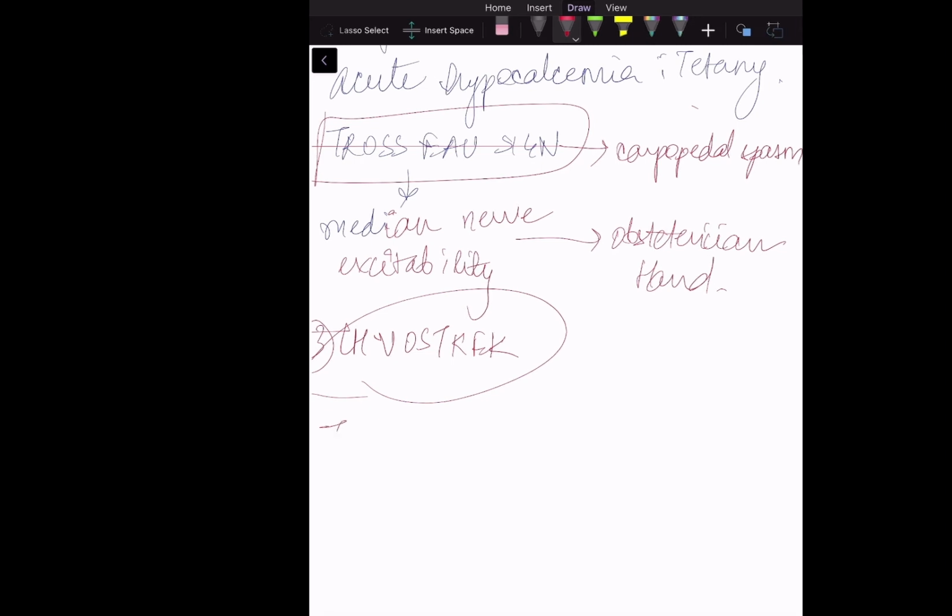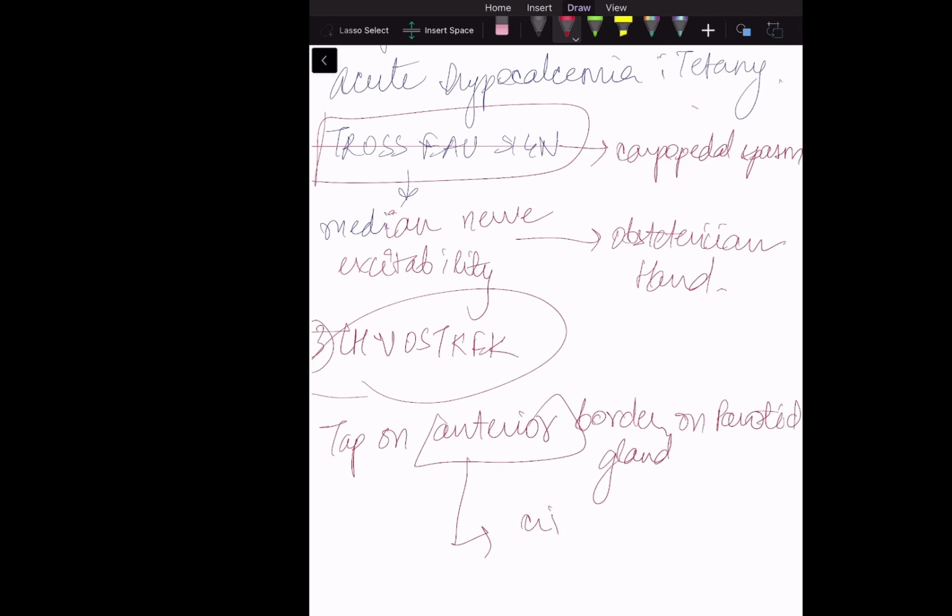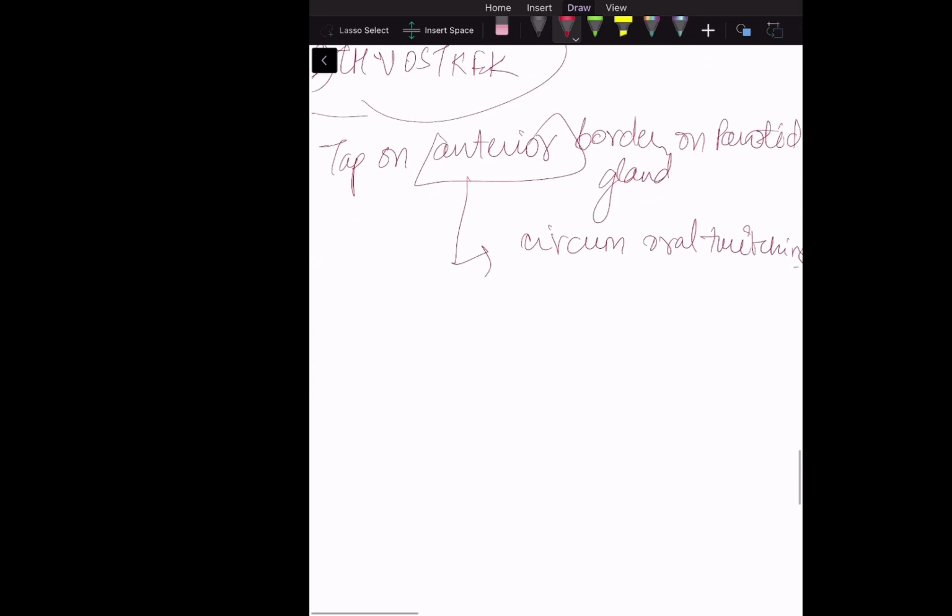So Chvostek's sign is facial nerve excitability.